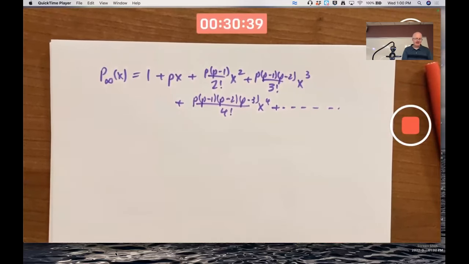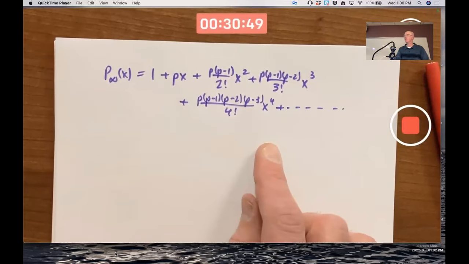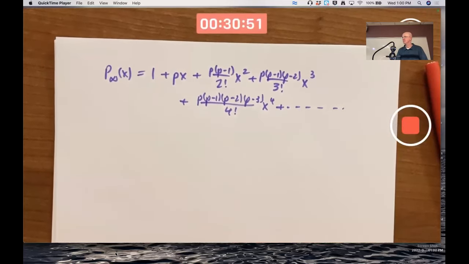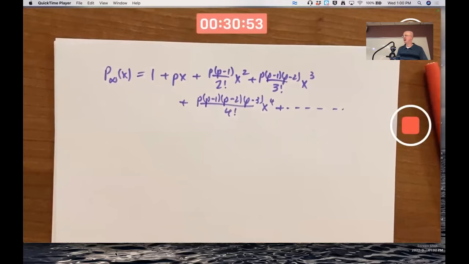For what values of x does this converge? Again, if p is a positive integer, like 1 or 2 or 3 or 4 or 5, we eventually get to the point where all the terms are 0. And it really doesn't have to be thought of as an infinite series in that case. It reduces to a polynomial.